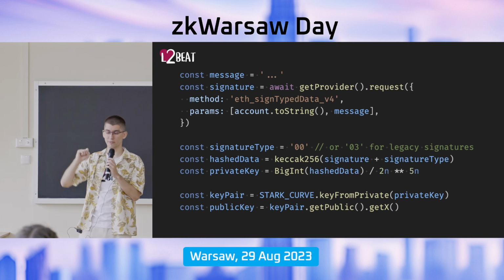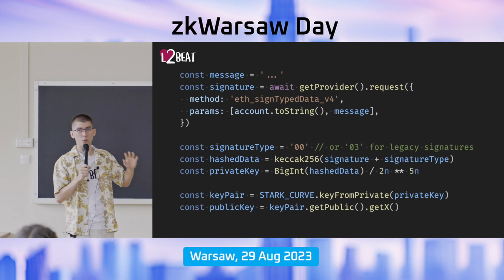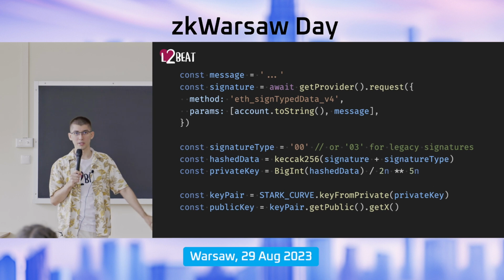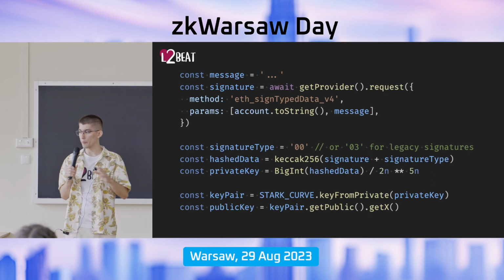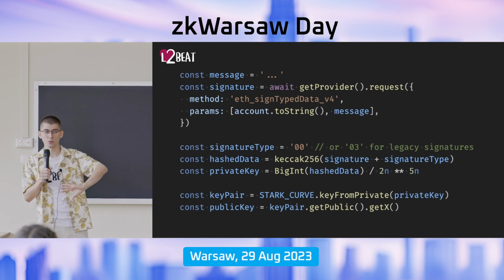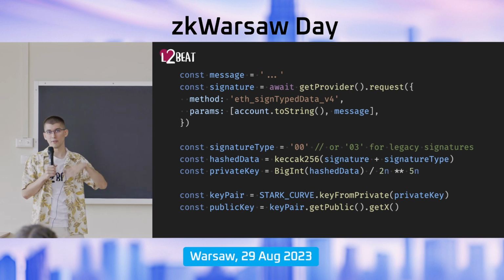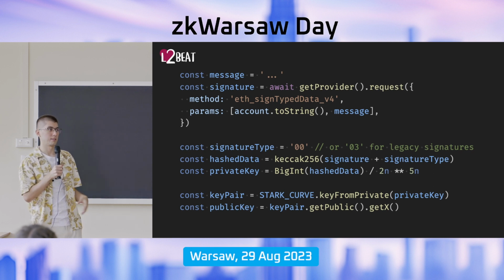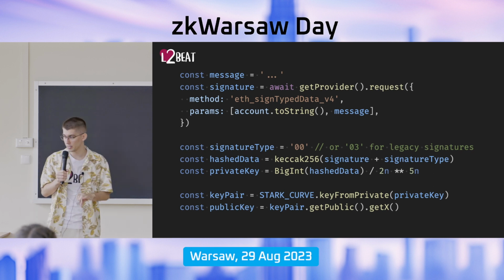And then here is the fun part. Now we take the Stark curve with specific parameters and we say this private key is actually a point on this curve. Now you get to derive all of the other stuff like the public key. And so now we actually get everything that we need to sign messages.